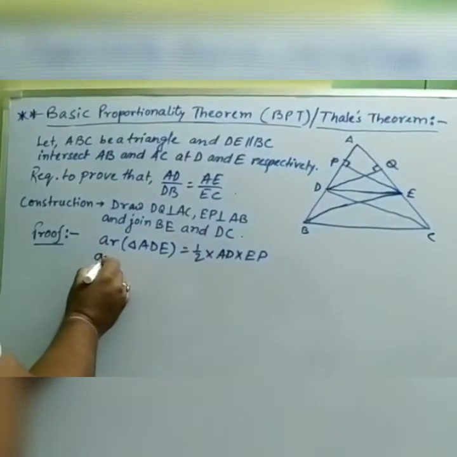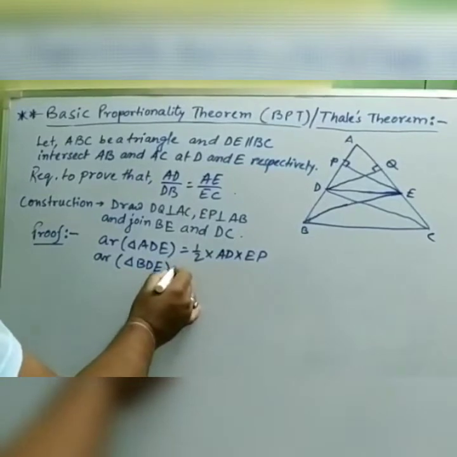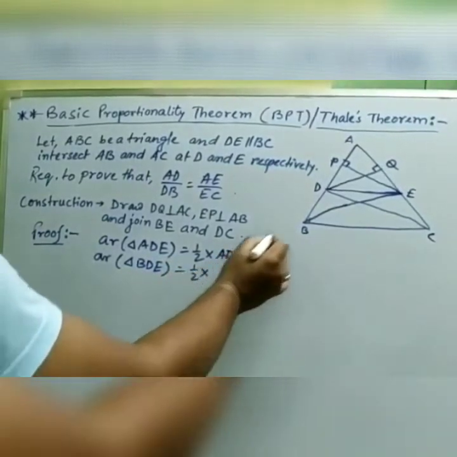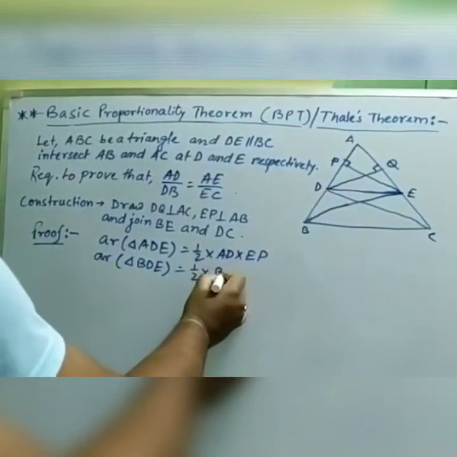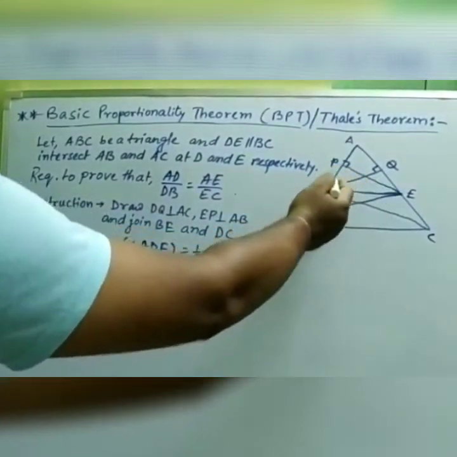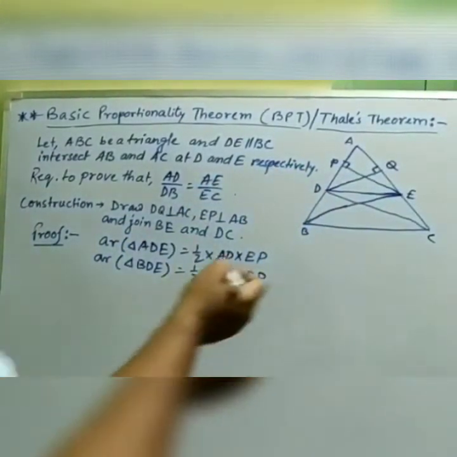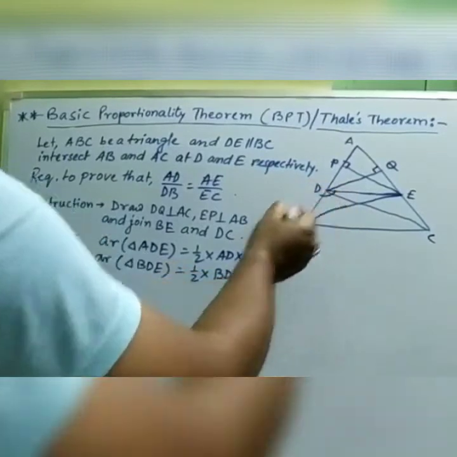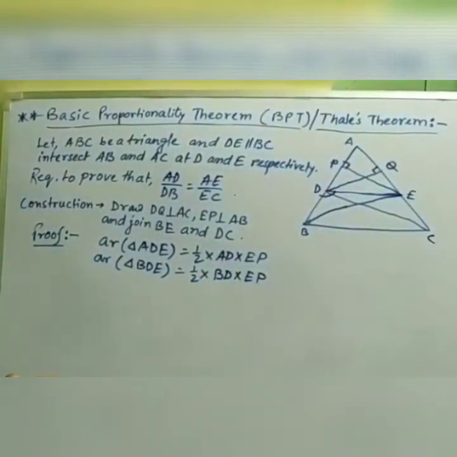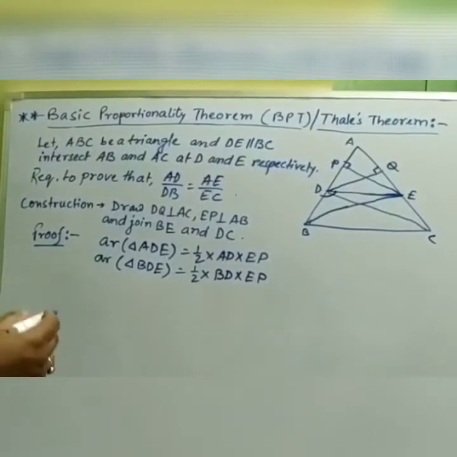So area of triangle BDE is also half into base BD into height EP, and that height is the external height, because this is an obtuse angle triangle. You can see this angle is an obtuse angle. So if the triangle is an obtuse angle triangle, then its height will be outside of the triangle, and that is EP.